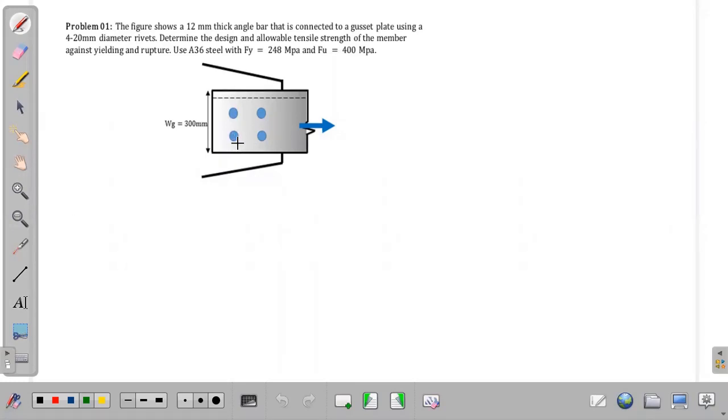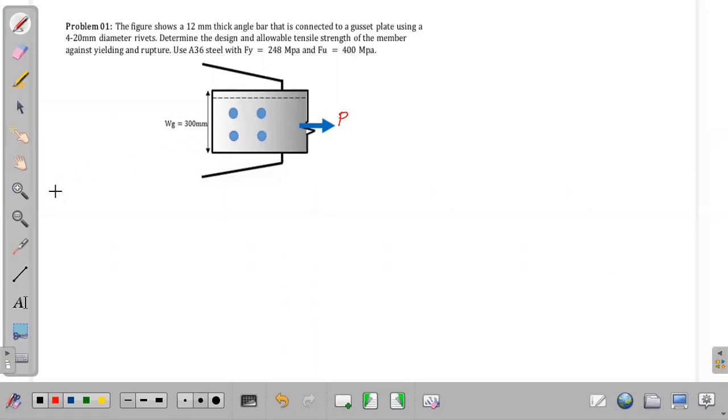So ang kailangan natin dito is the design that is using the LRFD method, and for the allowable tensile strength, that is using the ASD method. Okay? Against the yielding and rupture. We have to use a A36 steel with Fy equal to 248 MPa, and Fu we have 400 MPa.